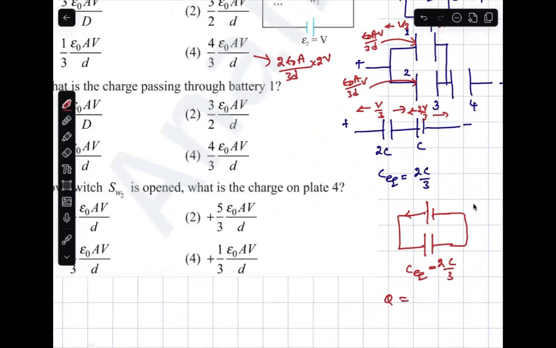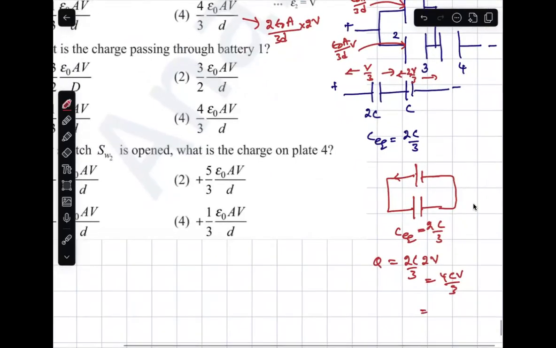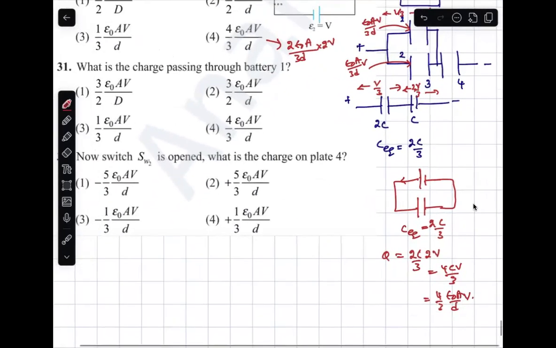Charge that passes through the battery is C equivalent times 2V, which is nothing but 4CV by 3. But there is no C term here. 4 by 3 epsilon naught A by dV. So therefore, for 31, the answer is 4. Till this point, any doubt?